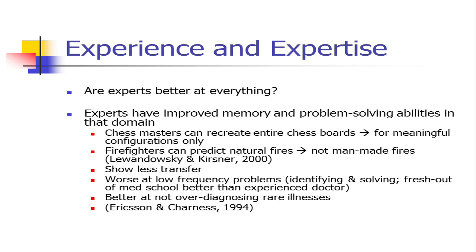Chess masters can recreate entire chessboards, but they can only do this for meaningful configurations. So if we have chess pieces on a board and they're arranged in a way that could actually happen during a chess game, chess masters are way better than novices at recreating what the chessboard looks like, right? They can do things well beyond what our normal memory limitations tell us.